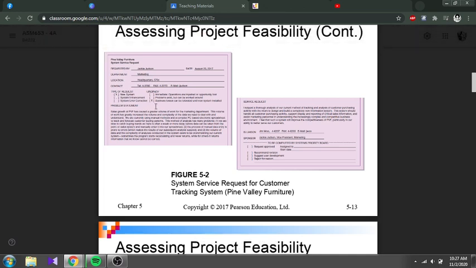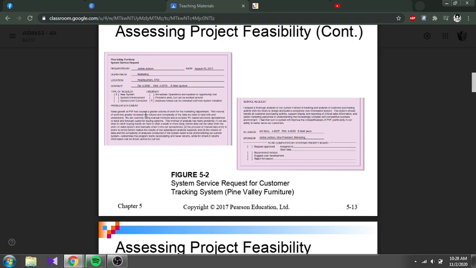Is it new, or do they just want an improvement and enhancement, or is it repairing a system error correction. The urgency, is it immediate, can it be done later, or can business loss be tolerated until the new system is installed. So this one can be done later on.